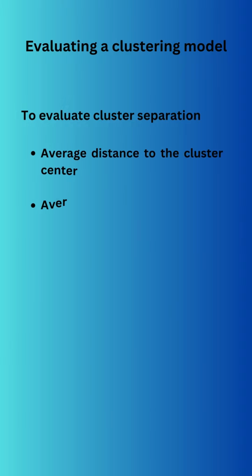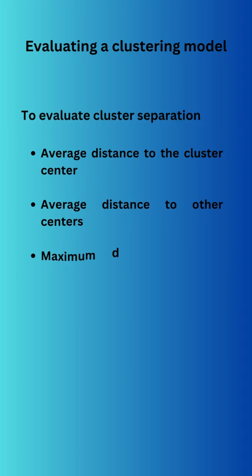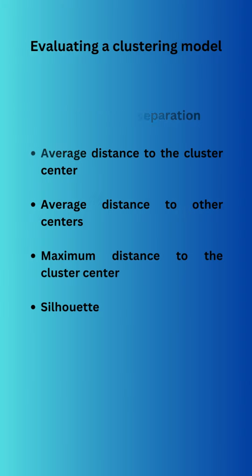First one is how close is each point in the cluster to the centroid of the cluster, and then the average distance between each point in the cluster to the centroid of all other clusters, and then the furthest or maximum distance between a point in the cluster and its centroid, and then silhouette, a value between -1 and +1, which gives the distance between points in the same cluster and different clusters.